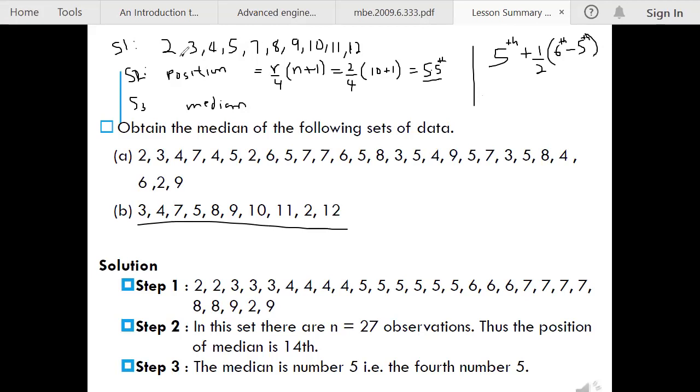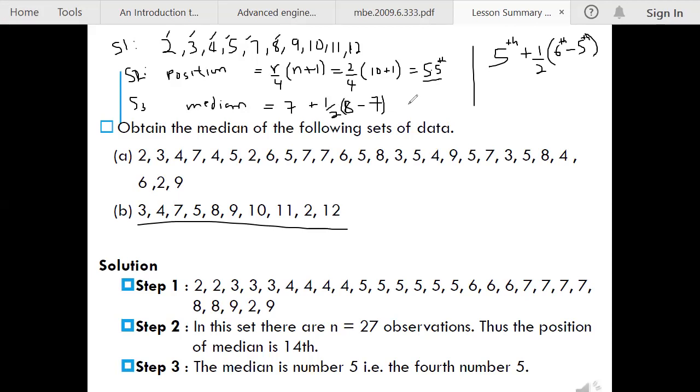So we first look for the fifth position. This is first, second, third, fourth, fifth. The fifth position is 7. Then the sixth position is 8. So that is 8 minus 7, which is 1, times half is half.